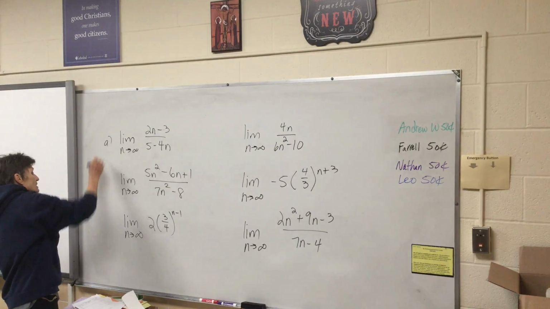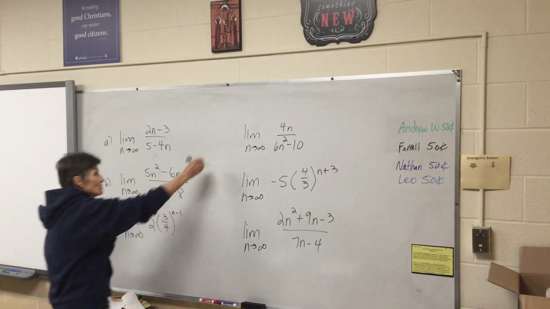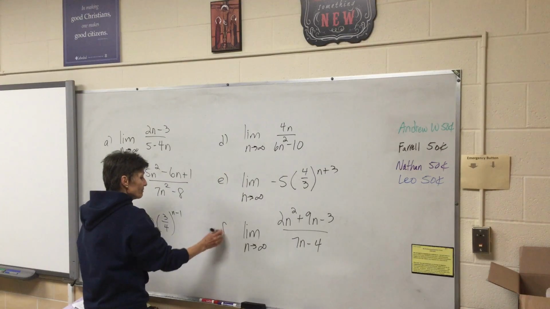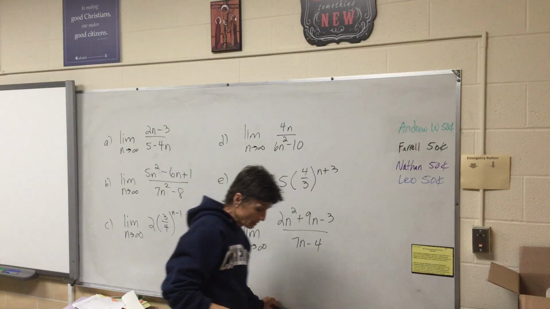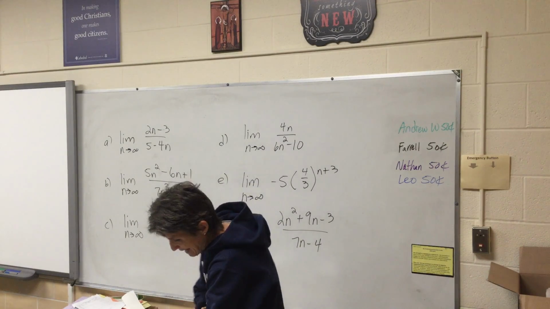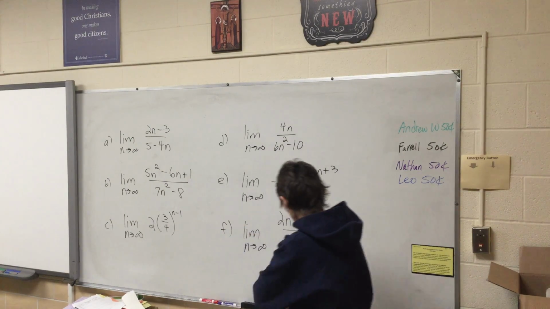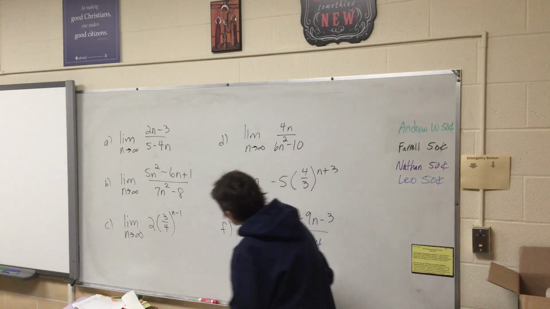All right, so let me label these A, B, C, D, E, and F. You tell me if you know the answers to any of these. If you think you know the answers to any of those problems, share them with me.